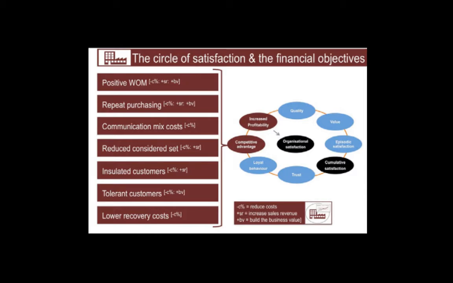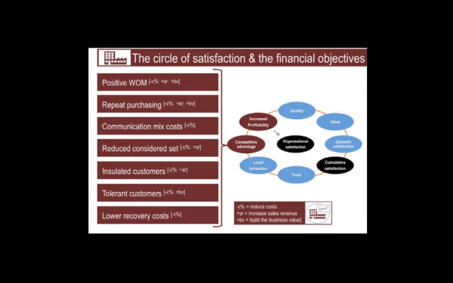Loyal behavior from customers can be an organization's biggest competitive advantage for the following reasons. It can lead to positive word of mouth from current customers, repeat purchasing, reduced communication mix costs, a reduced considered set, insulated customers, tolerant customers for when things don't go to plan, and low recovery costs.